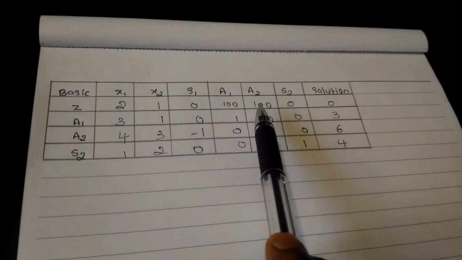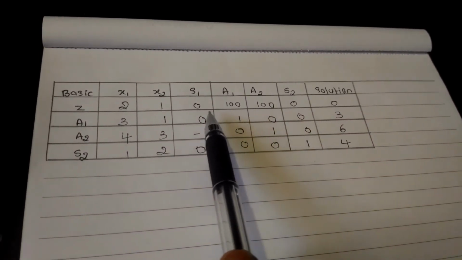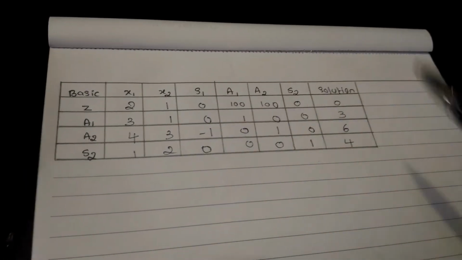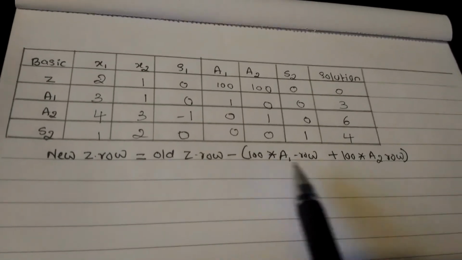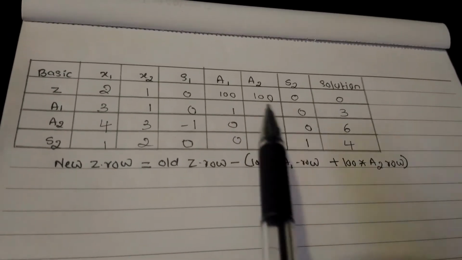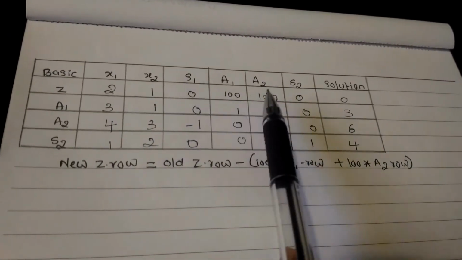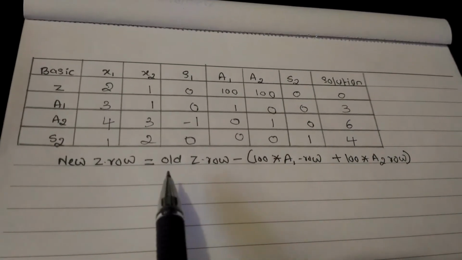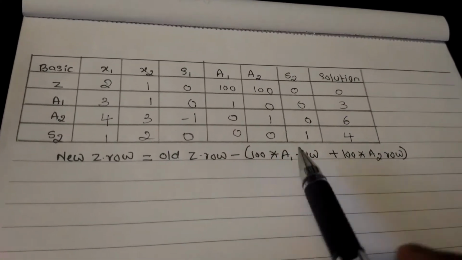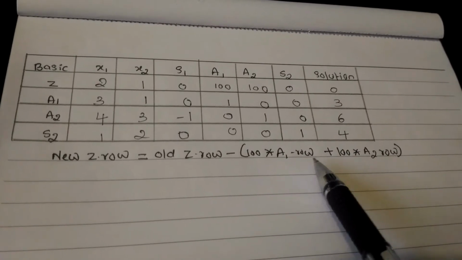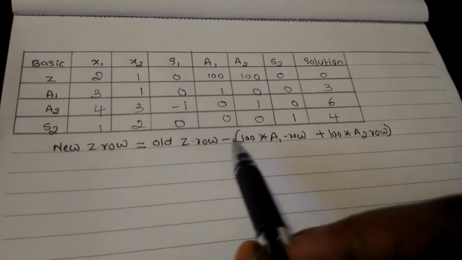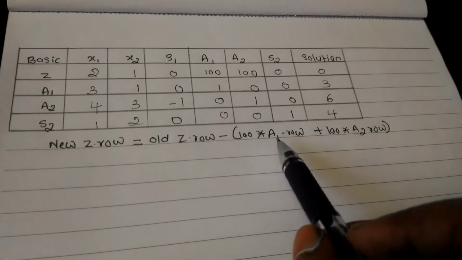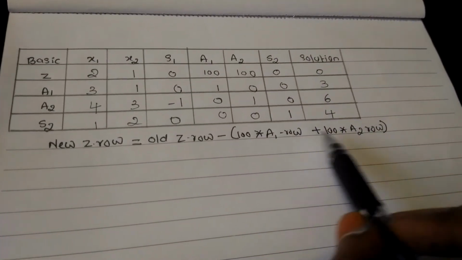So to avoid the confusions, we will again have to follow one simple formula. We will have to make use of this formula in order to find out the new values for the index row. New z row is equals to old z row minus 100 multiplied by a1 row plus 100 multiplied by a2 row. In simple, old z row will be subtracted by all these values which we get in this bracket.